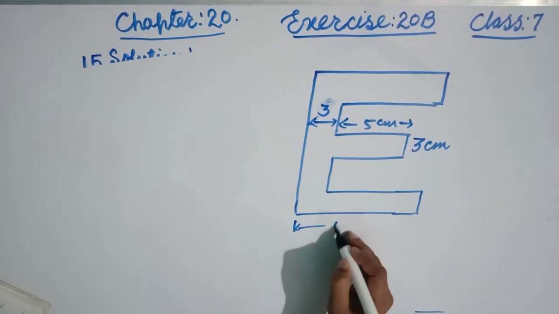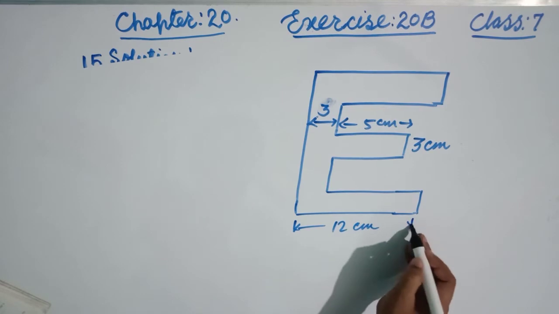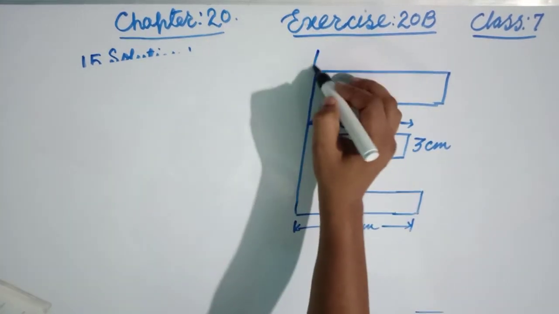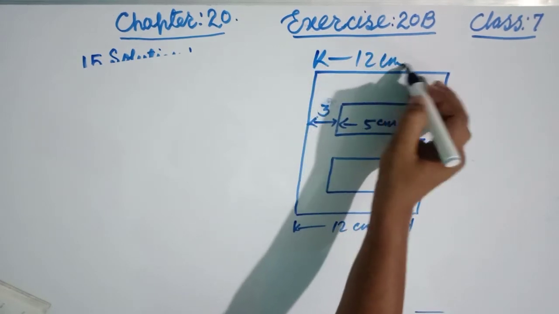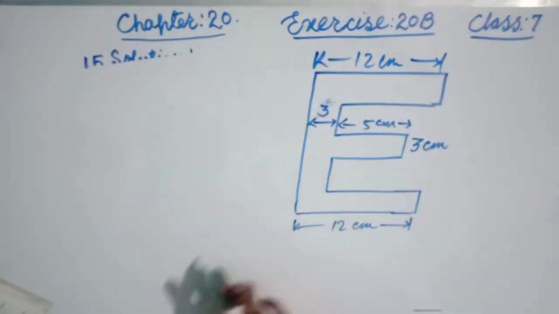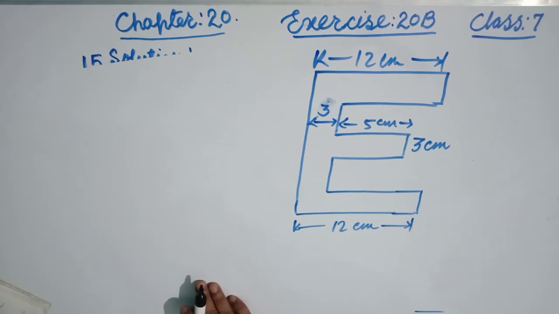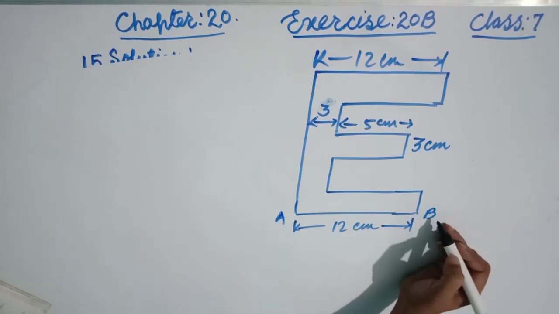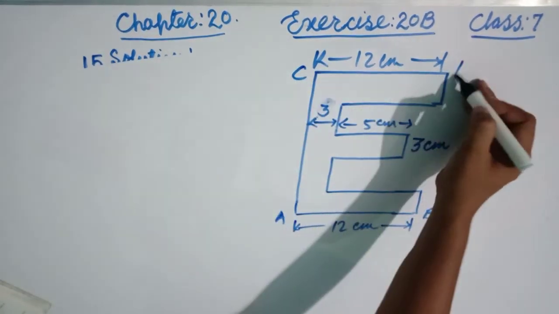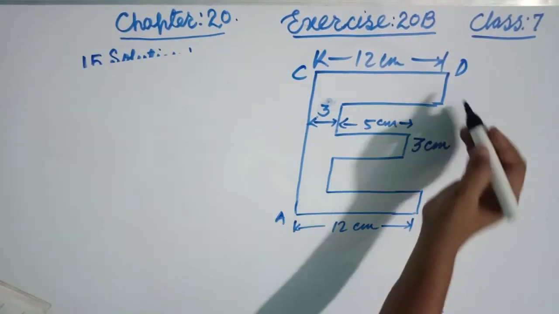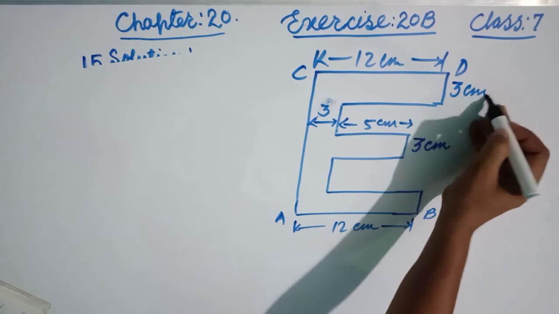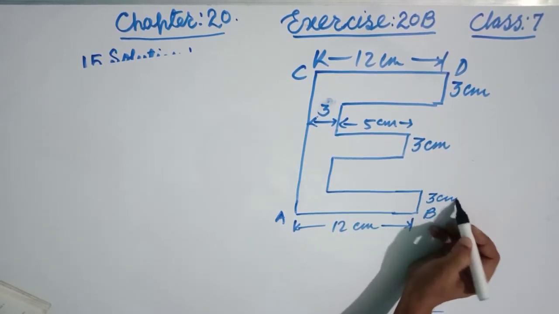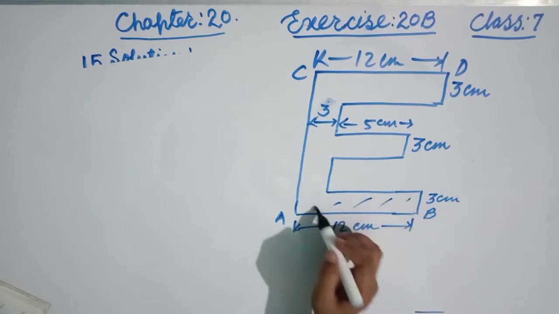Now here is 12 centimeter, and this is also 12 centimeter. And this is A, this is B, C and D. This is 3 centimeter, 3 centimeter, this is also 3 centimeter. We have to find the area of this total shaded portion.